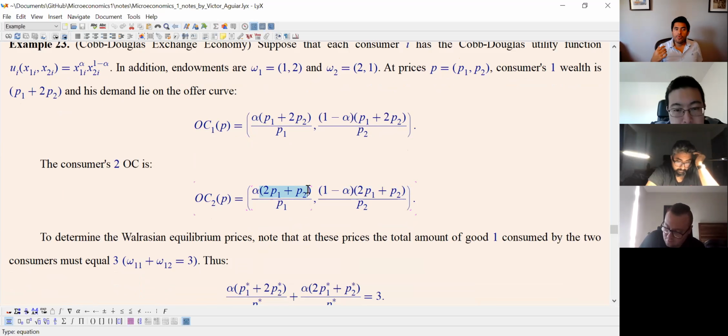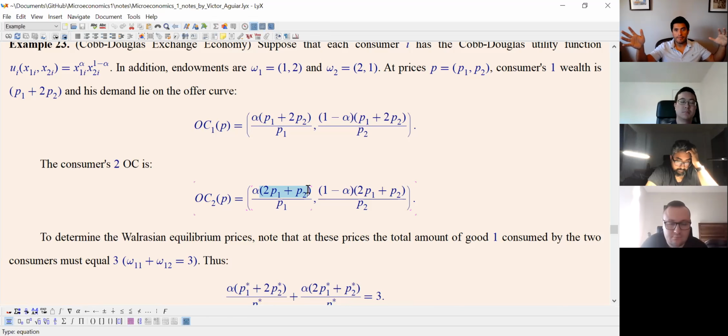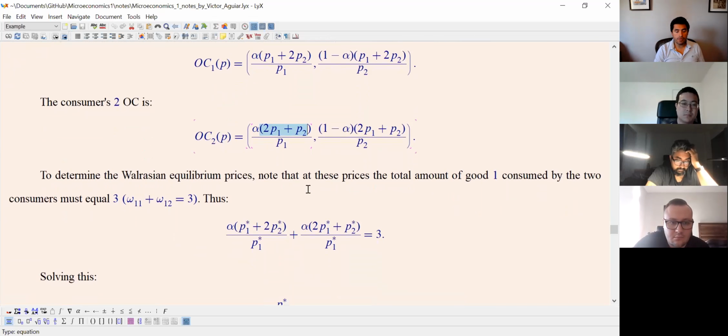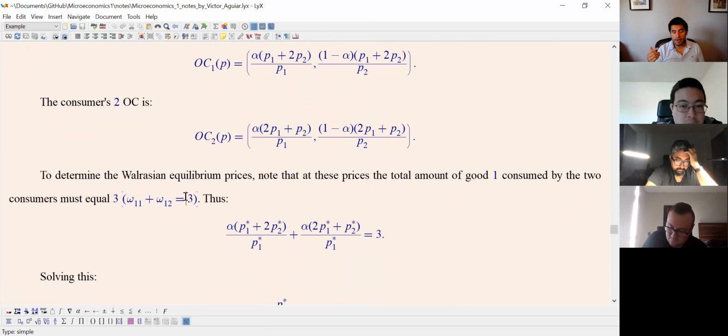So now, how do I find a price, if any, that creates mutually beneficial trade, or therefore a valuation equilibrium in this Edgeworth box? First of all, I know that to determine valuation equilibrium prices, the total amount of good 1 consumed by the two consumers must equal 3.